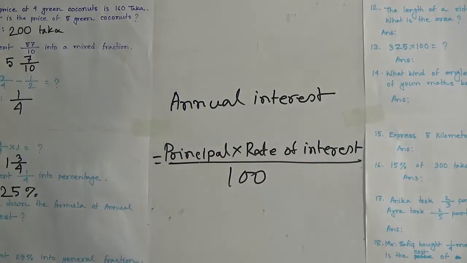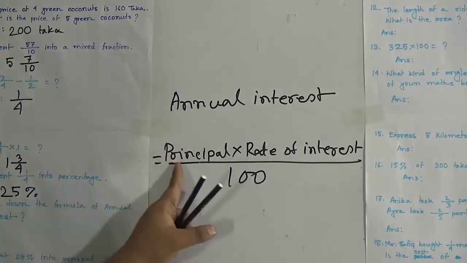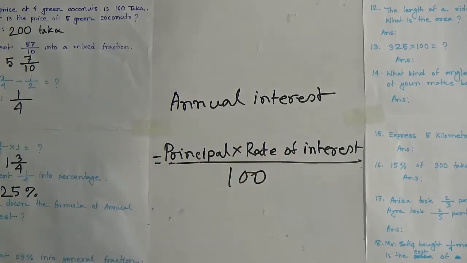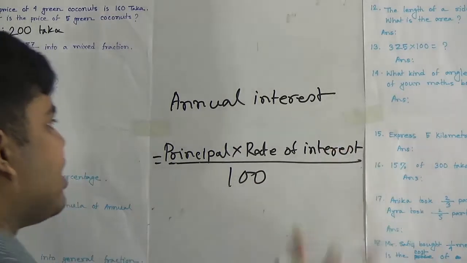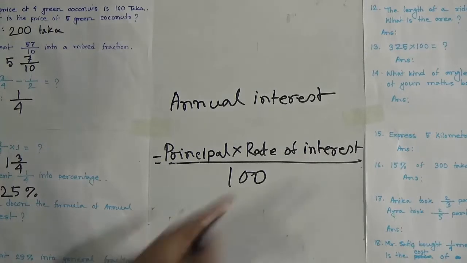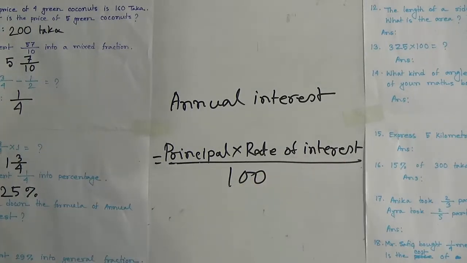But when you write simple interest, in that case you must write principal multiply rate of interest multiply time. So for annual interest, if you write time here, then it will be completely okay, but if you neglect it, then no problem.